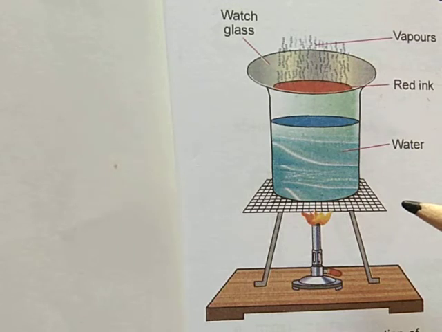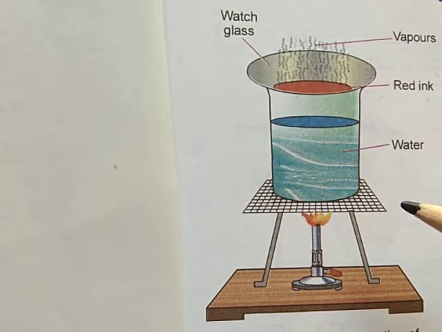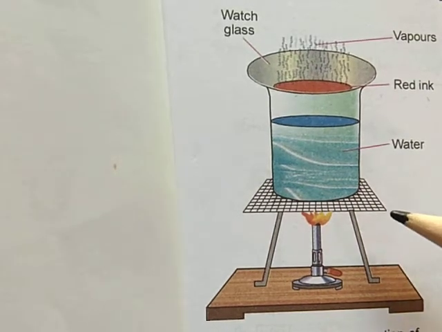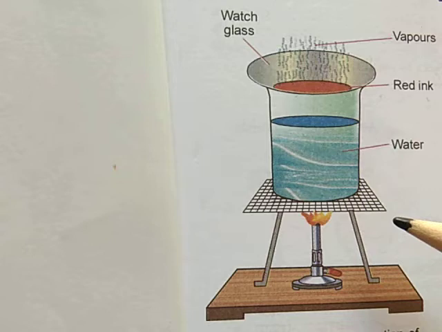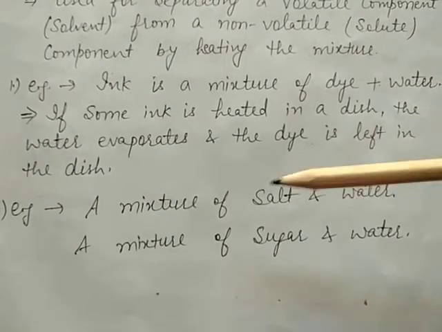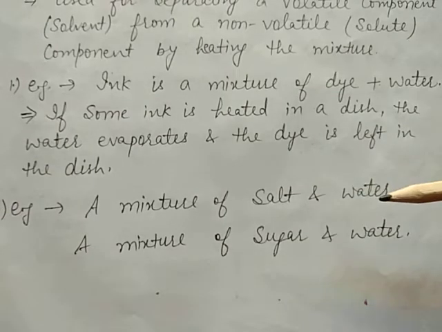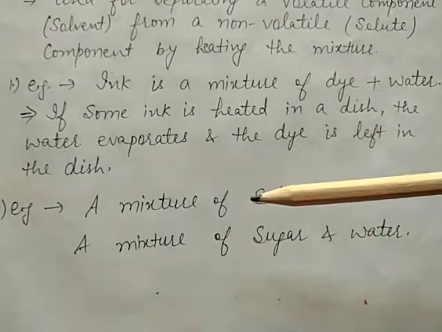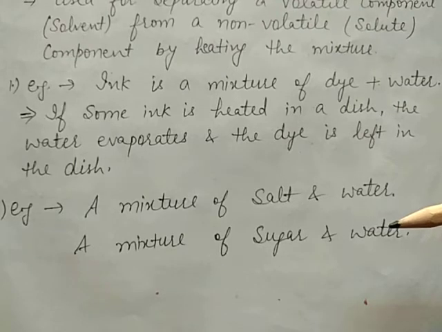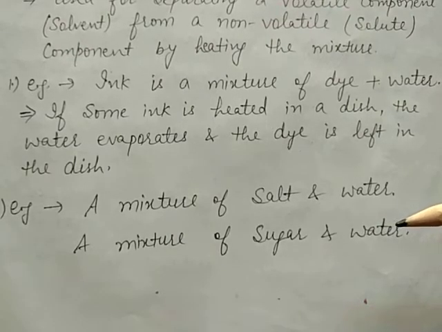The water slowly evaporates and a white residue of salt is left behind in the dish. So the sodium chloride is easily separated from the seawater. A mixture of salt and water, or a mixture of sugar and water, can also be easily separated by the process of evaporation.